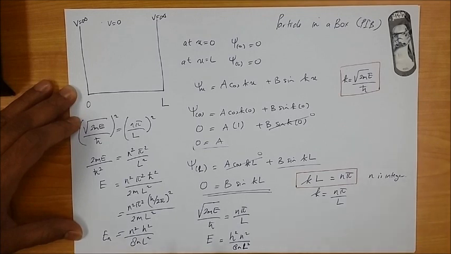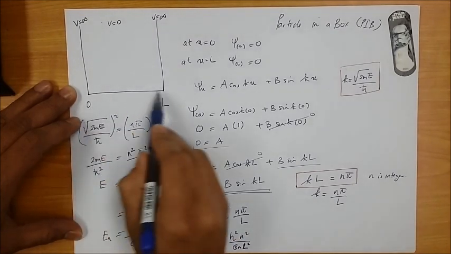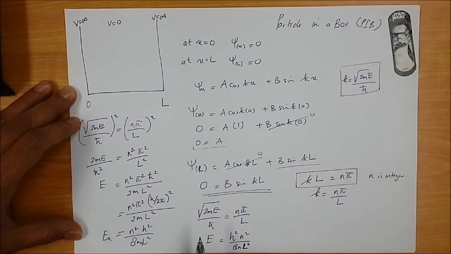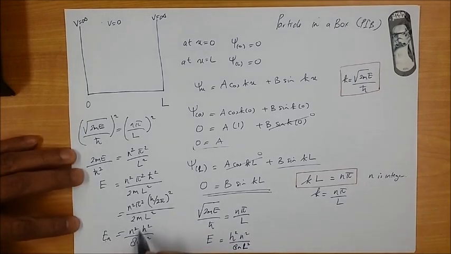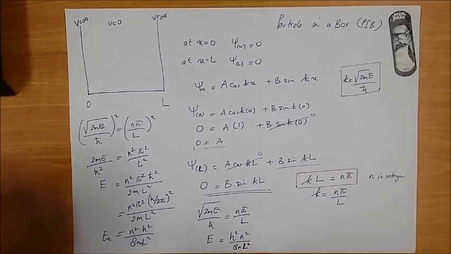Okay, so this means that the energy at a specific n value is a function of n squared h squared over 8mL squared. m is the mass of the particle. L is the size of the one-dimensional box. Okay, so if you compare the energy description with the free particle, now we have the n squared term here, which by definition means that n has to be an integer, right?